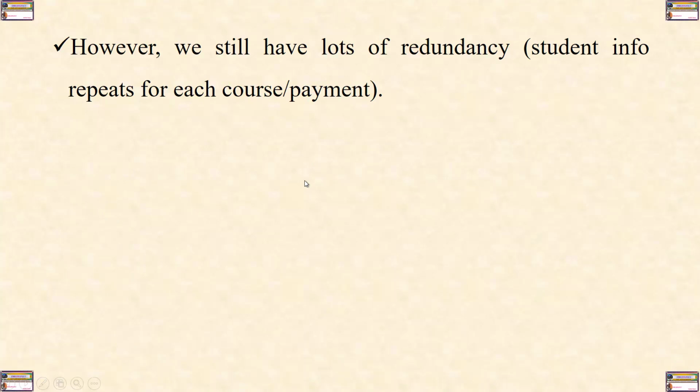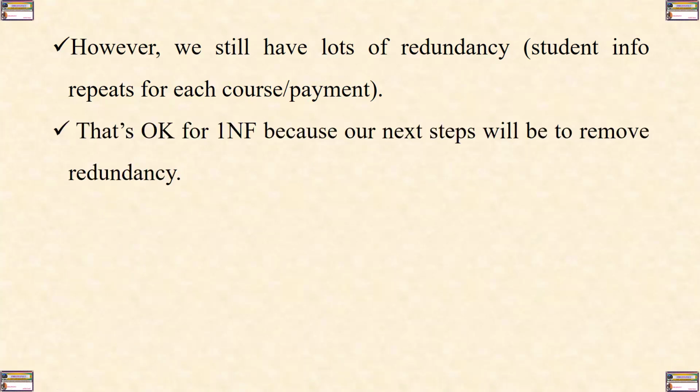However, as you have seen, we still have lots of redundancy. Students' information repeats for each course. That is okay for a first normal form table, because that is what we are going to reduce or deal with in our second normal form.